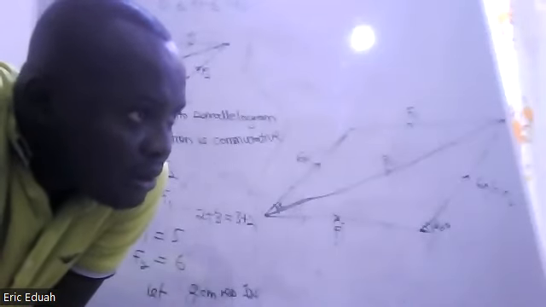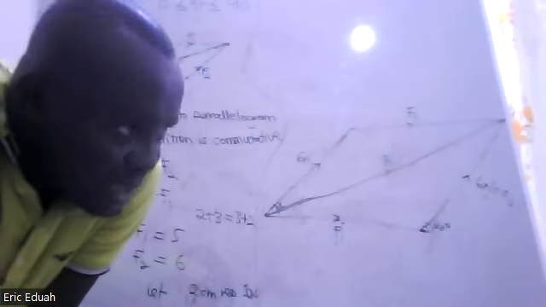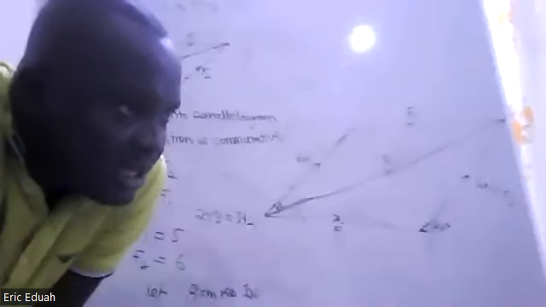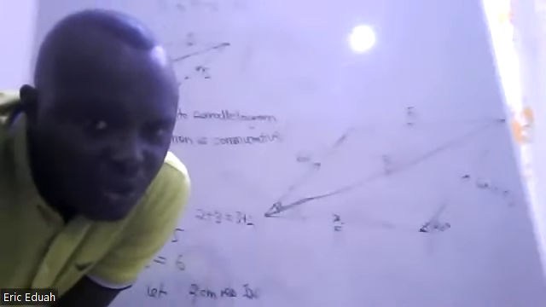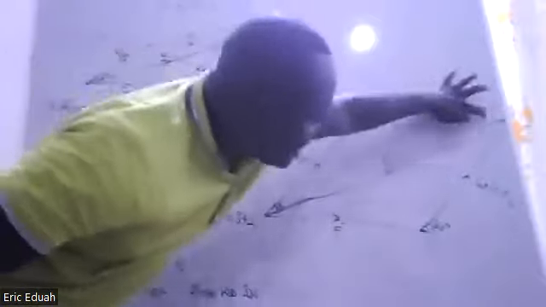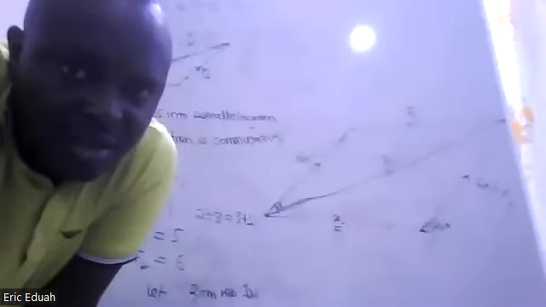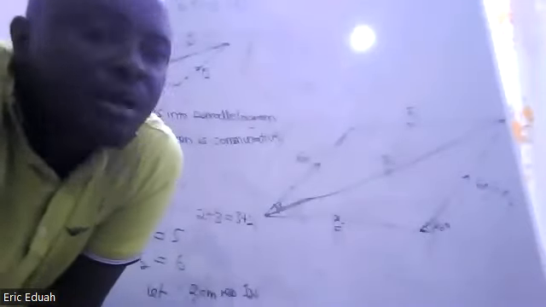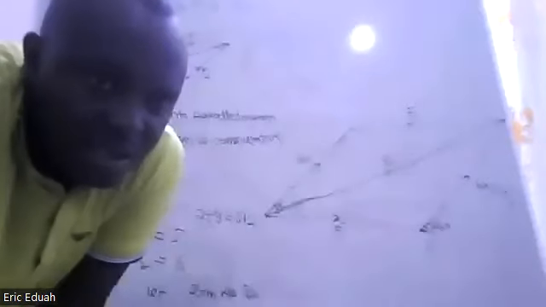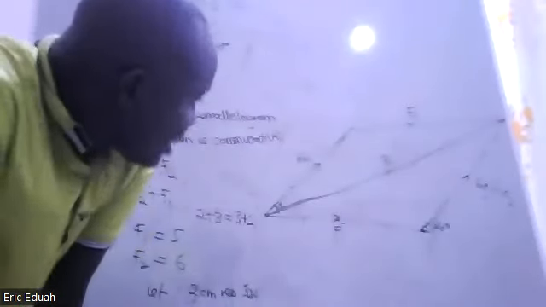That means it should be 11 Newton. Exactly, that's what I'm saying. You can do it by measurement and according to the scale, but whichever you do, you should get the same answer. Exactly. Thank you.